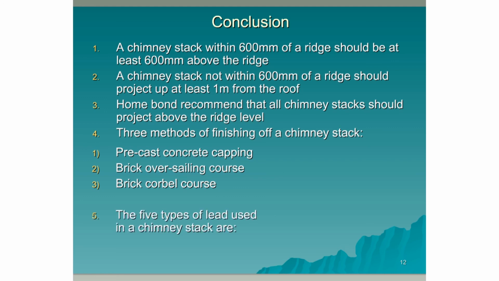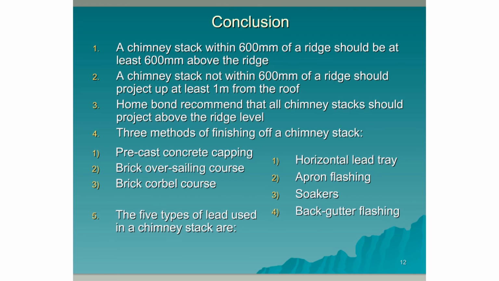The 5 types of lead used in the chimney stack are the horizontal lead tray, the apron flashing at the front of the stack, the soakers on either side of the stack, back gutter flashing at the back of the stack, and the step flashing which comes out of the joints of the brickwork and down over the soakers on either side of the stack.